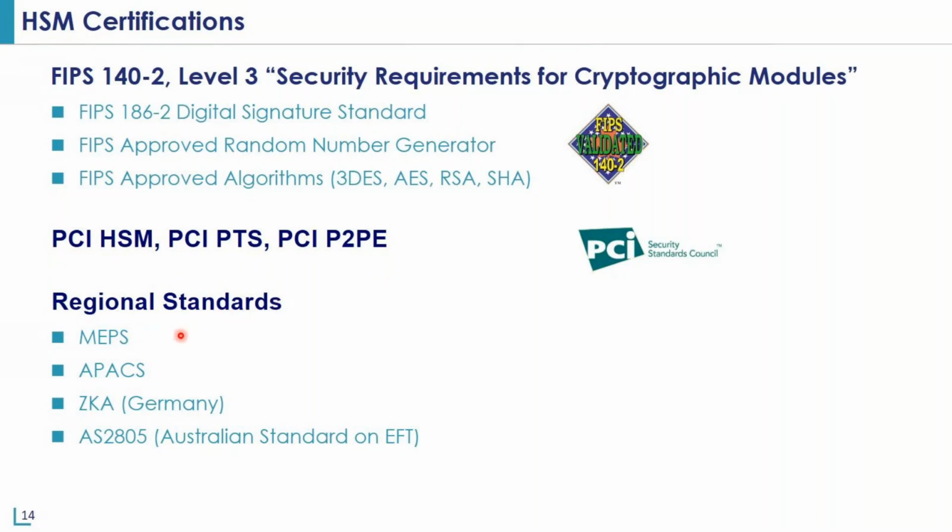If you want to know about regional standards, we have certification for MEPS, which is a French banking industry standard, APACS, the Association for Payment Clearing Services, which is a UK standard, ZKA, which is a German standard, and AS2805, which is an Australian standard. If you want to know about all the certifications for a particular release or version, make sure you check the CRN, the Customer Release Note.